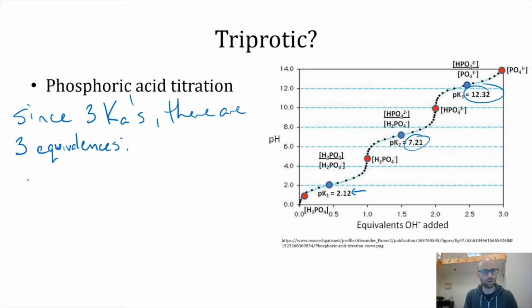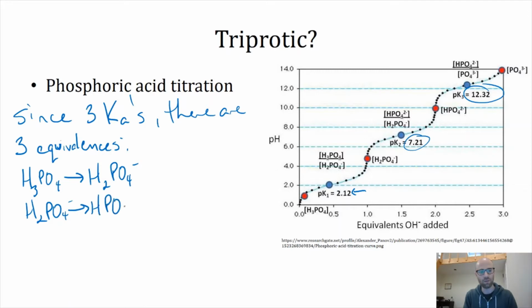So the first reaction would be H3PO4 reacting to H2PO4 minus. That's the first. Then H2PO4 minus reacting to HPO4 2 minus, and HPO4 2 minus reacting to PO4 3 minus.